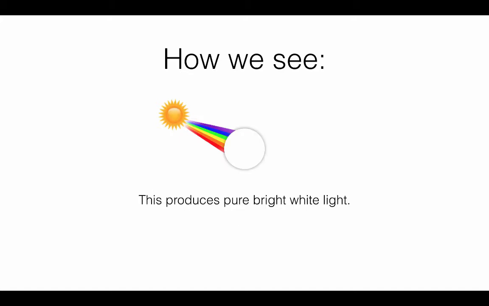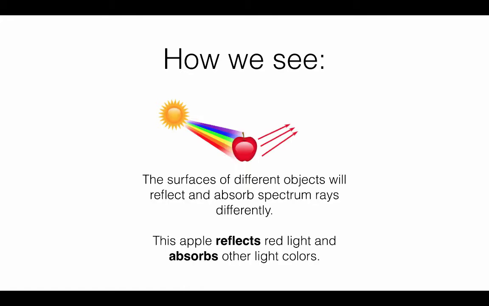That produces a pure bright white light whenever you have all of the colors at full brightness. Then the surface of the object will reflect and absorb spectrum rays differently. In this case, the apple is reflecting red light and it absorbs the other light colors.